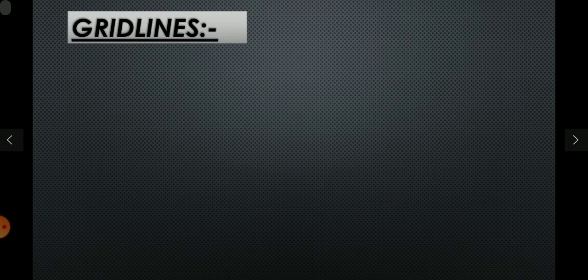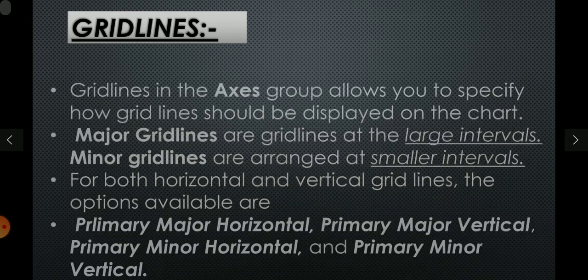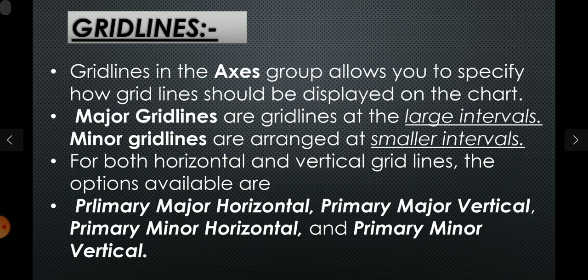Next comes grid lines. What are grid lines? Grid lines in the axis group allow you to specify how grid lines should be displayed on the chart. Major grid lines are grid lines at larger intervals, and minor grid lines are arranged at smaller intervals.